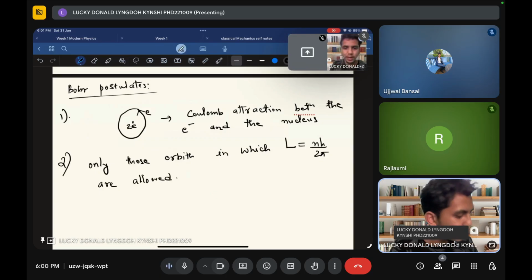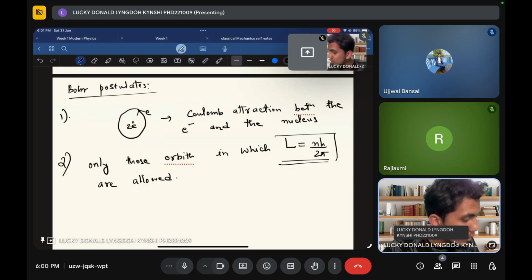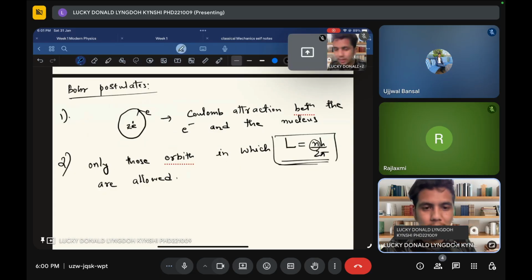This is also a quantization, because there is an n here. n can take values only 1, 2, 3, and so on. That means only orbits in which the angular momentum is an integral multiple of h by 2 pi are allowed. So it's all quantization.